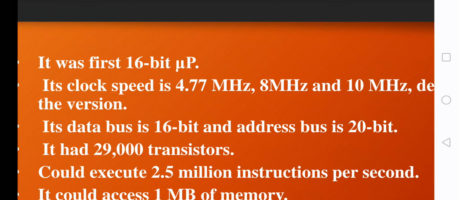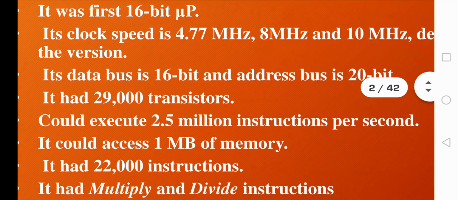But every processor's address and data bus requires much more importance. You have to give much more importance to the data bus and address bus specification of every microprocessor. So for the 8086 processor, the data bus capacity is 16-bit and the address bus capacity is 20-bit.